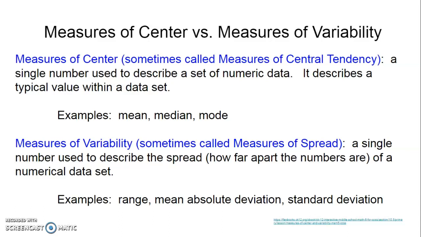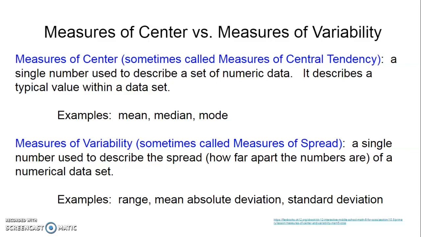Measures of variability, on the other hand, also called measures of spread, are a single number used to describe the spread, or how far apart the numbers are of a numerical data set. For example, the range is a measure of variability. Mean absolute deviation is another.